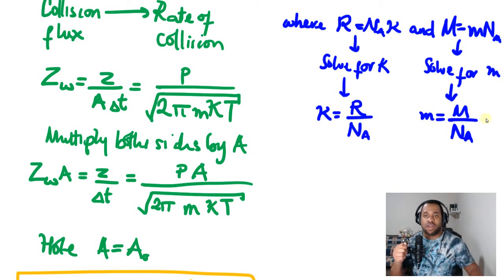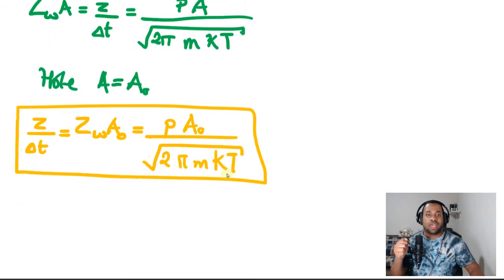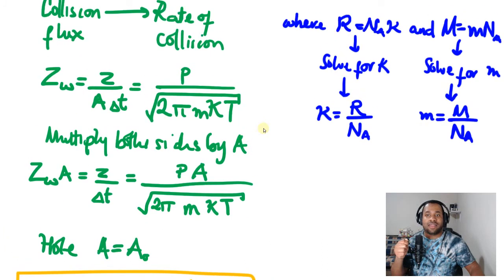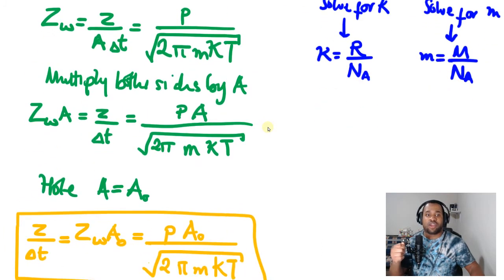So by putting these two equations in this orange equation right here, specifically looking at the k, we can then create our new expression.